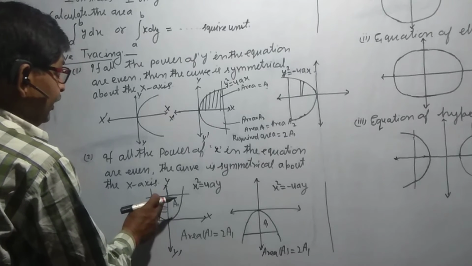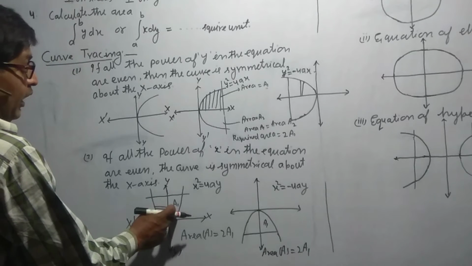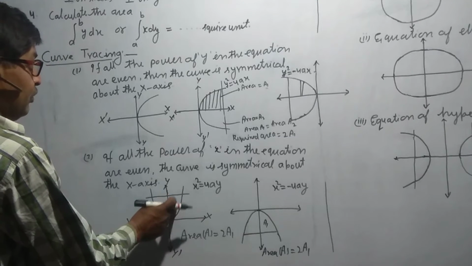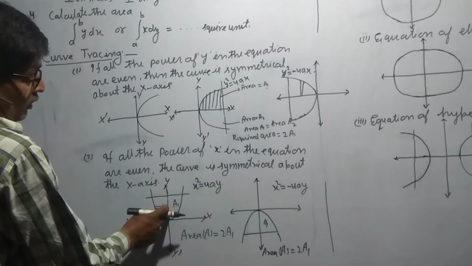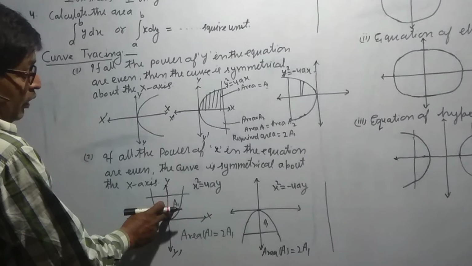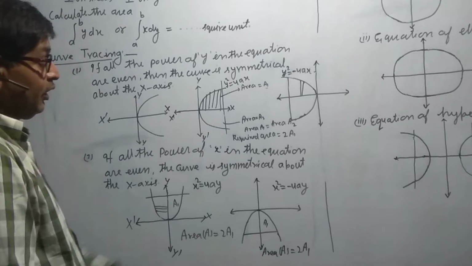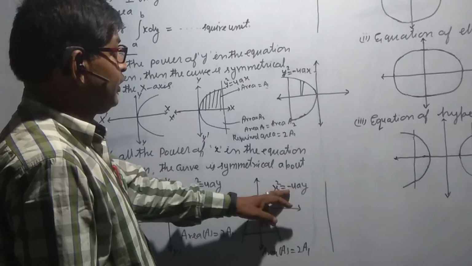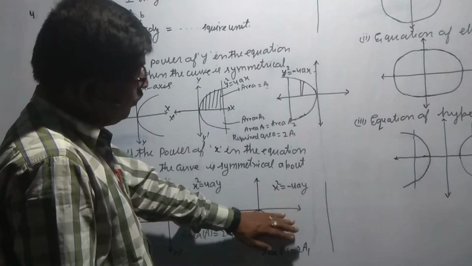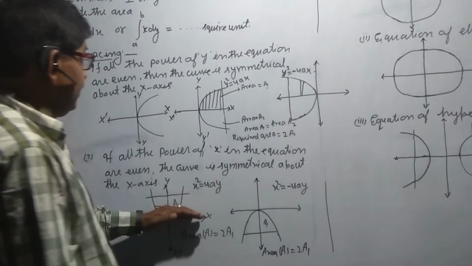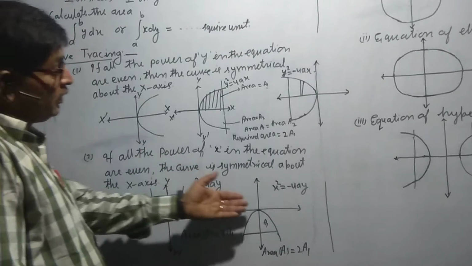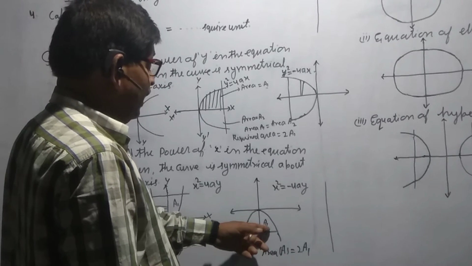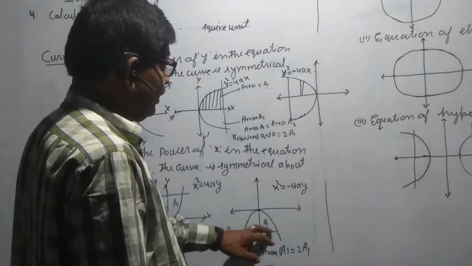If the area of this is calculated and doubled, we get the total area with respect to the curve as required. Now the power of x square is even here; in this case there is a negative sign, so the parabola is in the downward direction, and if you calculate this area, then twice it gives the total area.